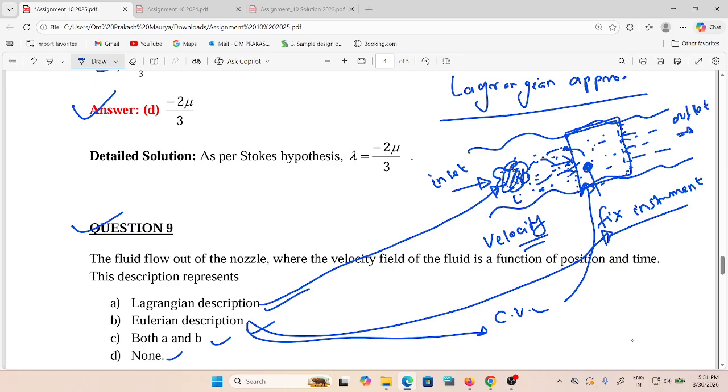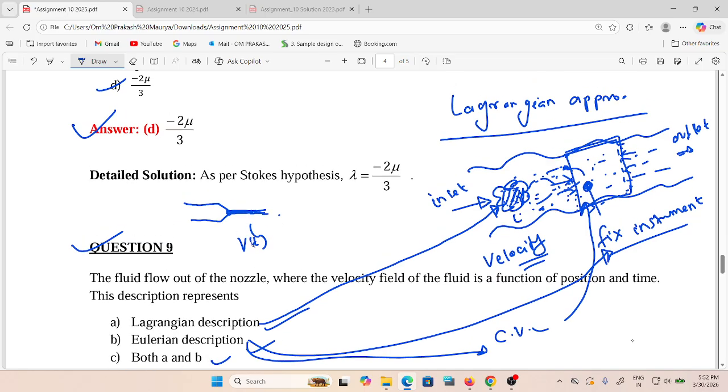So hope you understand. Now the question is talking about a fluid flowing out of a nozzle, means you have a nozzle like that, and the water is flowing from this nozzle like that. Now the question says the velocity field of the fluid is a function of position, that is x, and time.